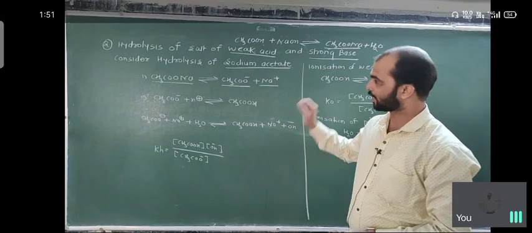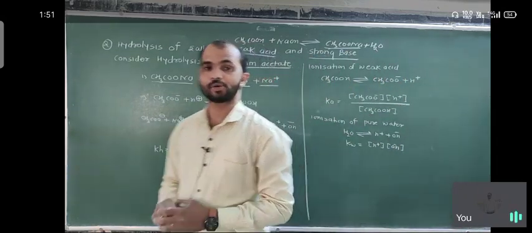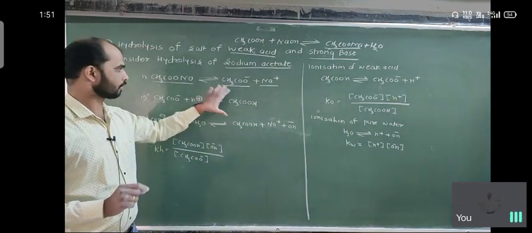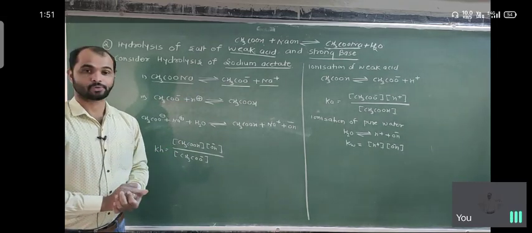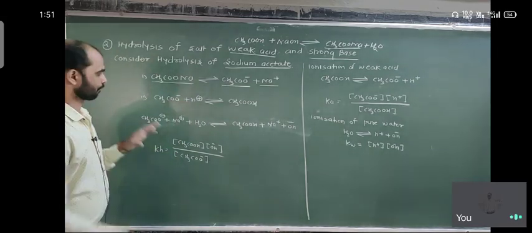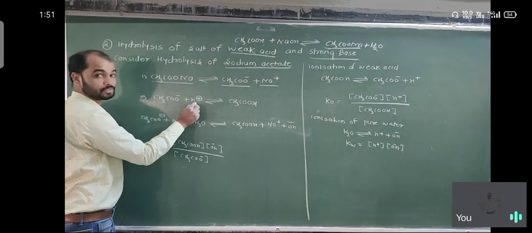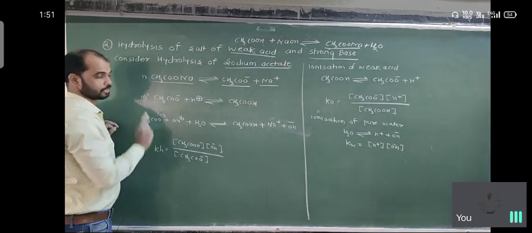Secondly, the anion has a tendency to react with a small amount of H plus of the water, which is dissociated first. So in the second case, the anion will react with the H plus of the water.